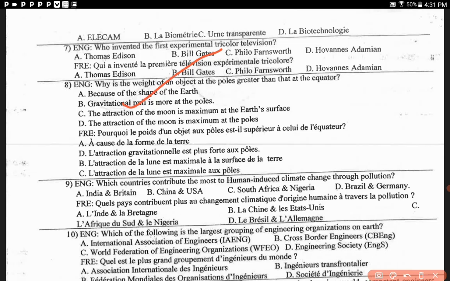So the planet is flattened at the pole and bulged at the equator. So a point at the pole is slightly closer to the Earth's center than at the equator. Gravitational force increases with proximity to the Earth's center, and that is why, as we come closer to the pole, gravitational pull becomes greater.